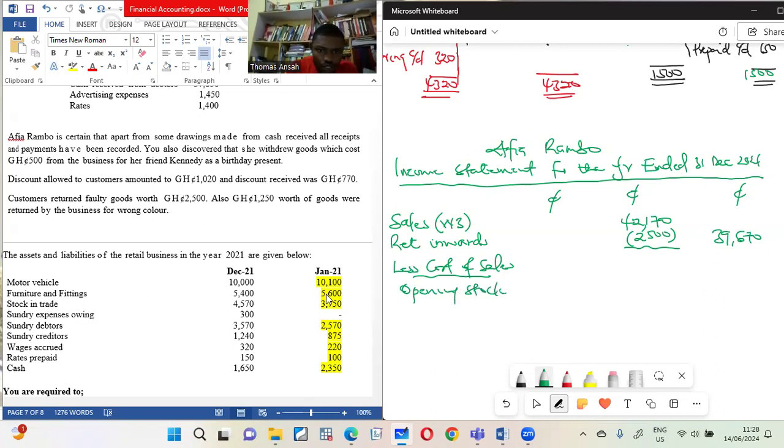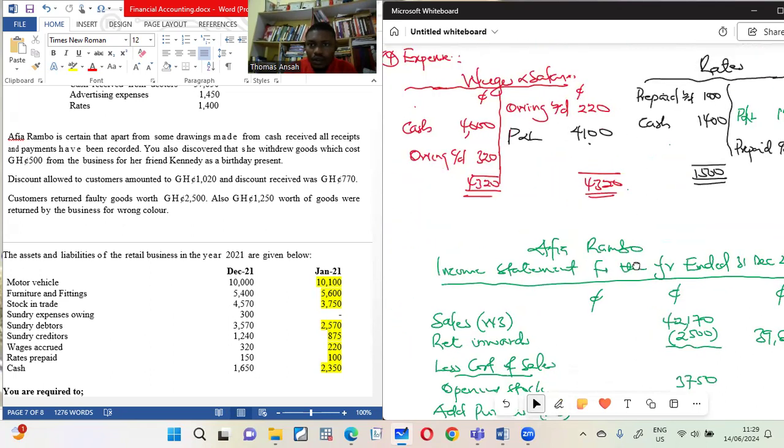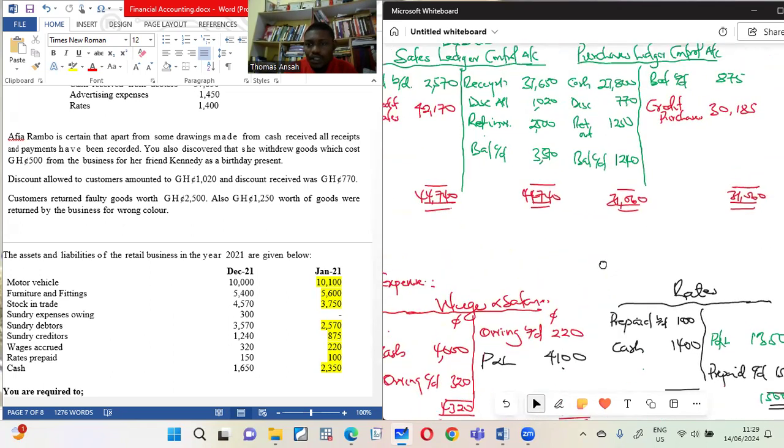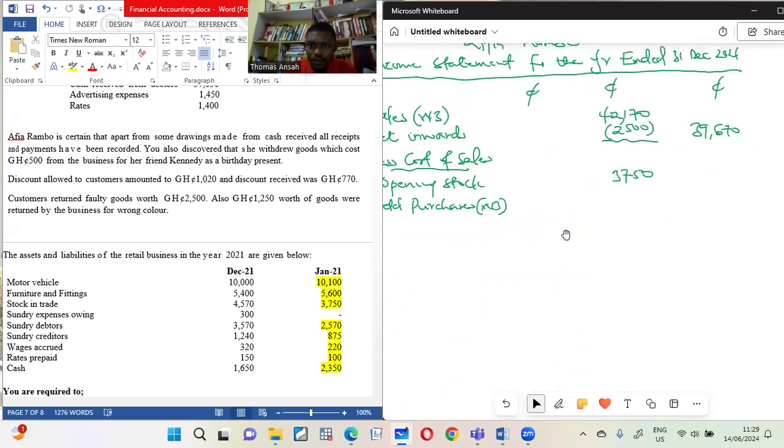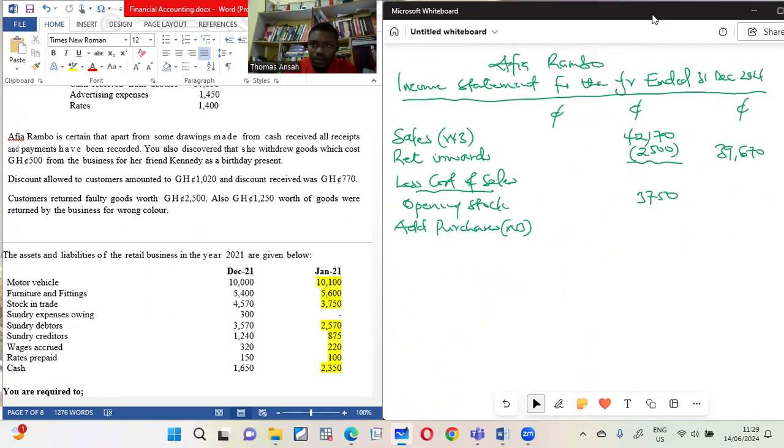Opening stock in trade is 3,750. Then you add purchases. How much is our purchases? Let's go to workings 3. Purchases was how much? Where are you, Mr. Purchases? 3185.